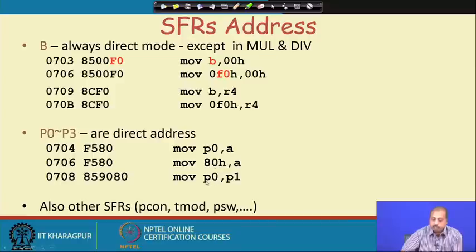We can also have MOV P0, P1, where P0 is 80 and P1 is 90. This becomes a 3 byte instruction. So P0 to P3 can be used as direct addresses. Other SFRs like PCON, TMOD, PSW can also be used for these movements.